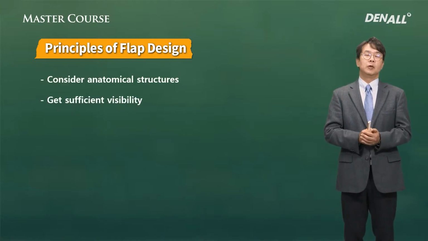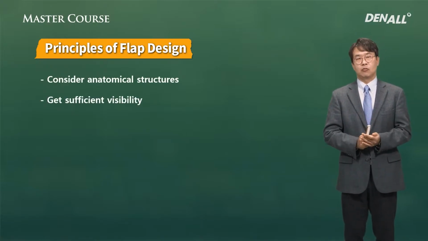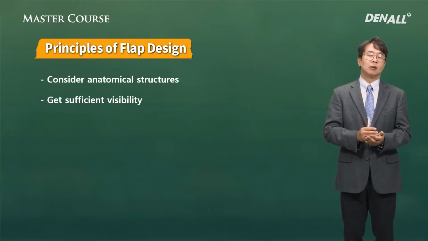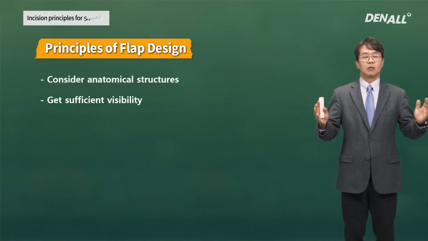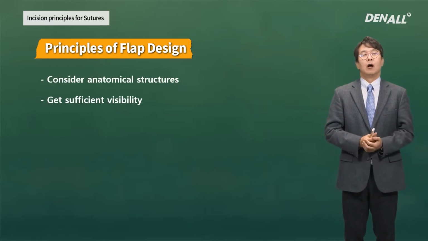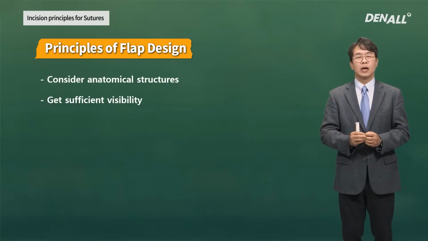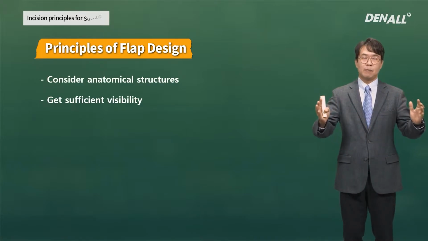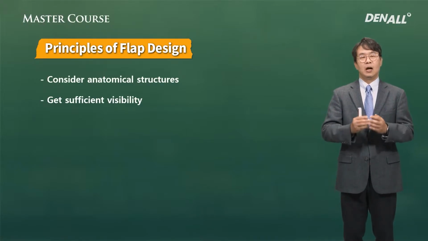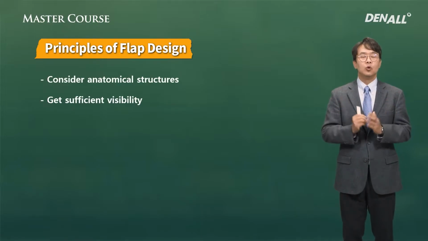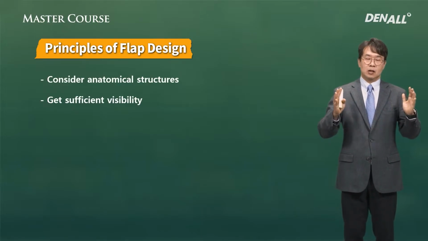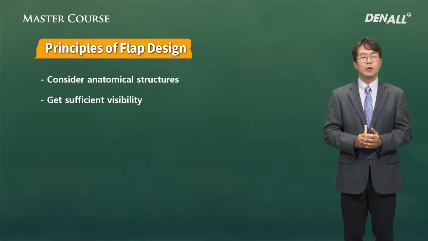That's the first thing. Secondly, sufficient visibility is important. So the design should be made so that we can fully view the site. Wide flap design is good. If the flap is narrow, it can be helpful.